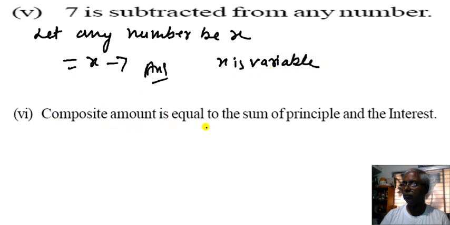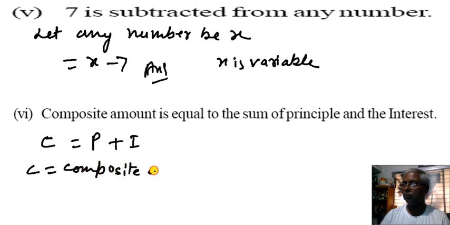Now, compound amount is equal to the sum of principal and interest. Compound amount is denoted by C, the principal by P, and interest by I. So you have to write three variables. First one is C, the compound amount.